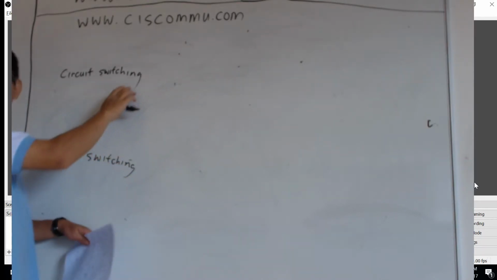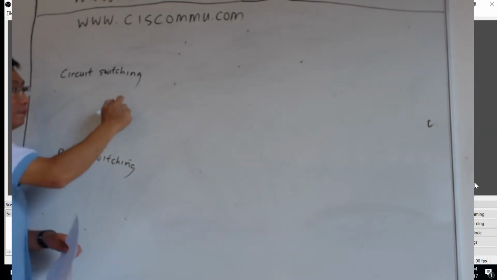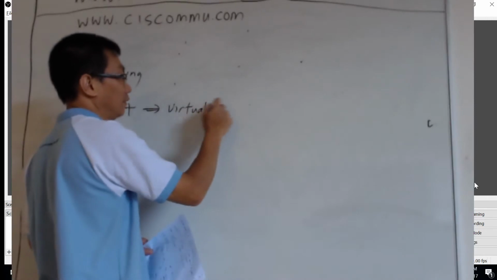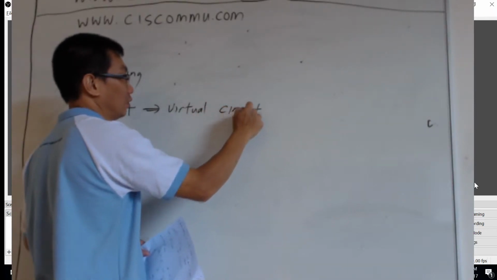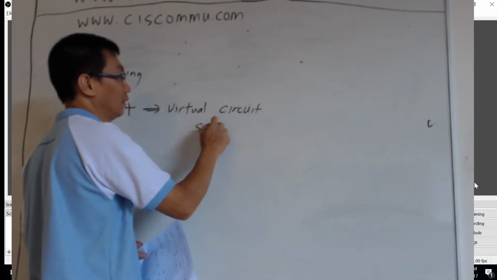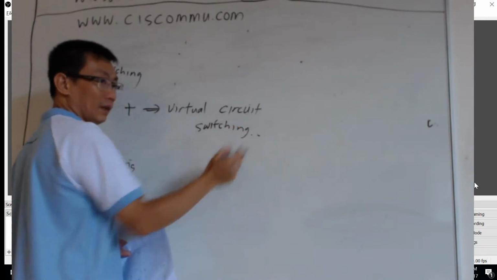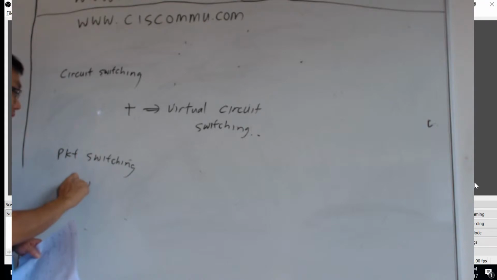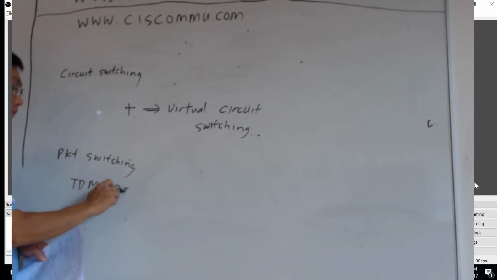Let's say you want to mix both of them, you get something like virtual circuit switching. Before that, we're going to talk about TDM and ATDM. So let me round it off.